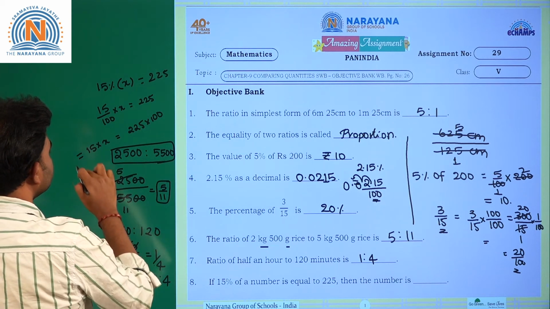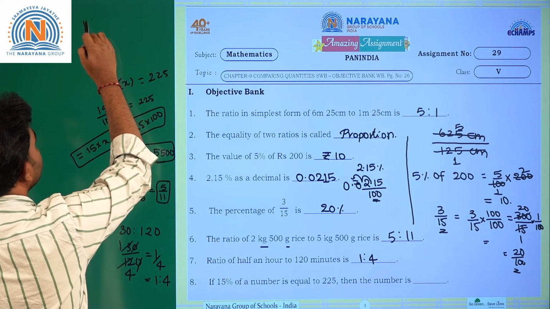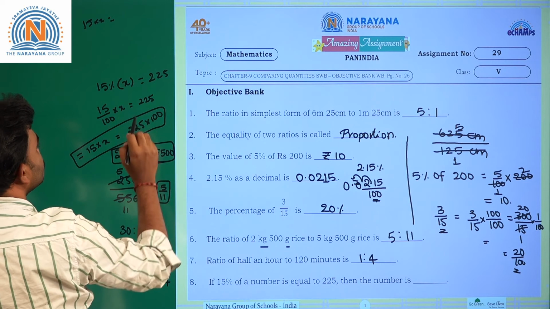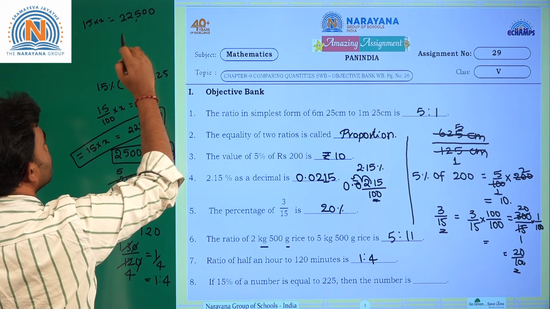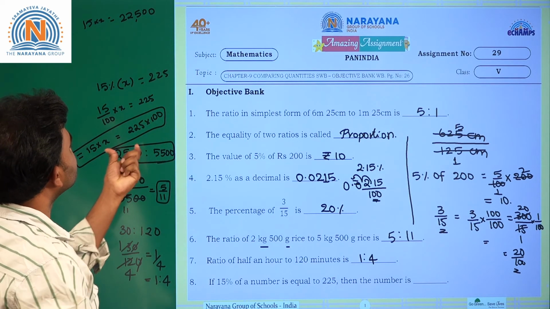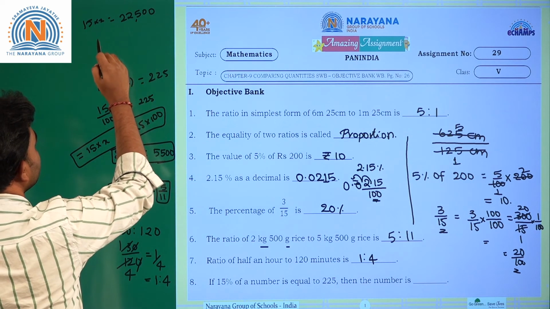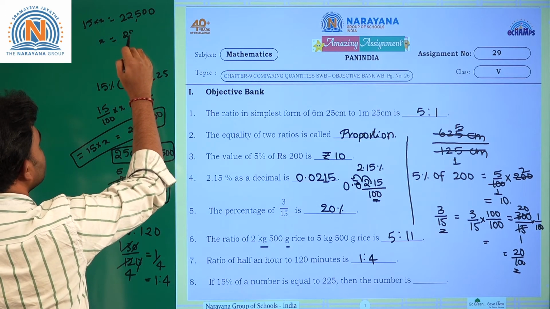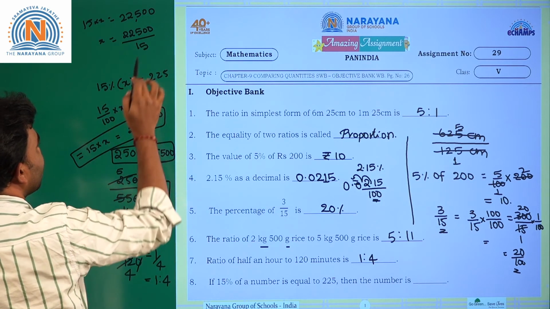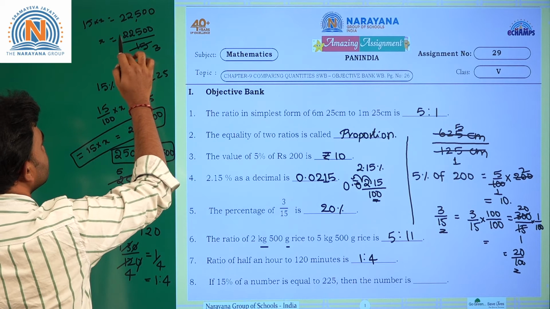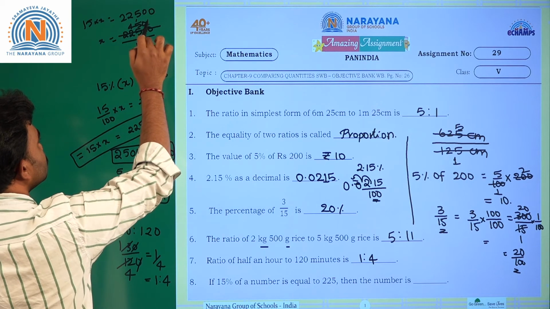Now 15 into x is equal to 22,500. If we multiply 225 with 100, we will get the answer. Then x is equal to 22,500 by 15. Now cancellation: 5 threes are 15, 5 fours are 20, 5 fives are 25 and 0 0.